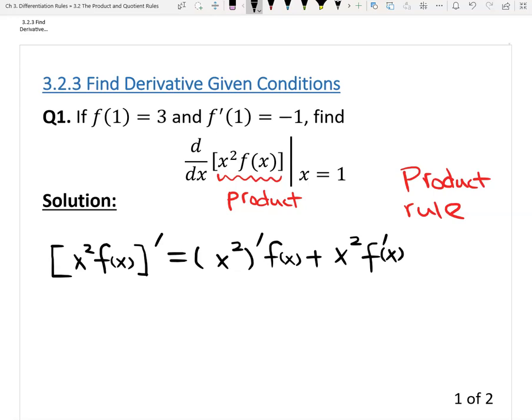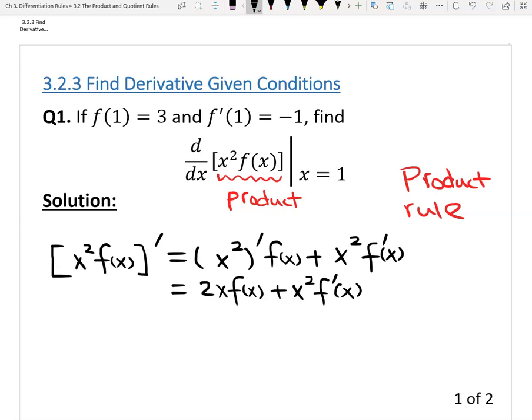Can you see this is the product rule? Let me simplify a little. Because x squared is a power, its derivative is 2x. This is all we can do so far, so we already have everything put here. This is the derivative function.